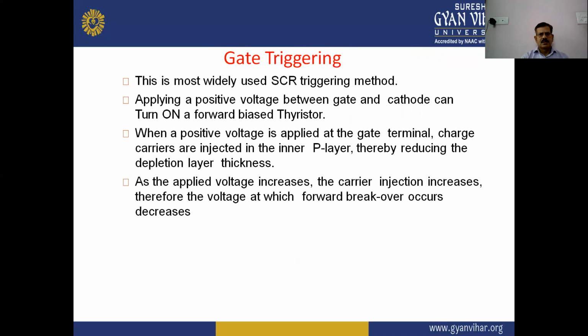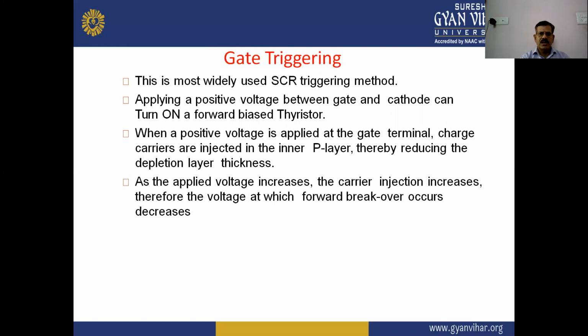Next method is the gate triggering method, which is the most widely used SCR triggering method. In this method, applying a positive voltage between gate and cathode can turn on a forward biased thyristor.